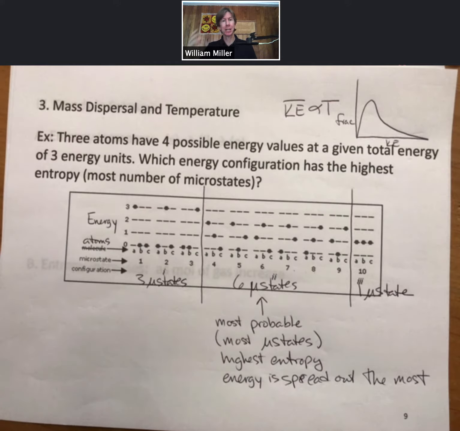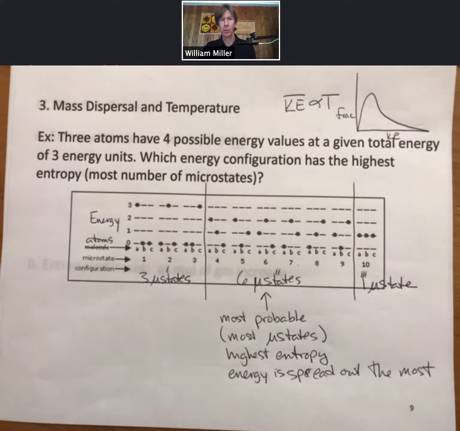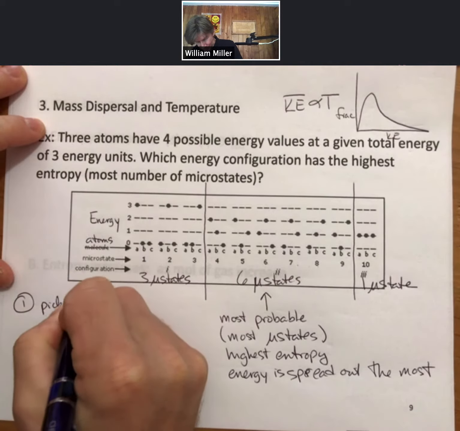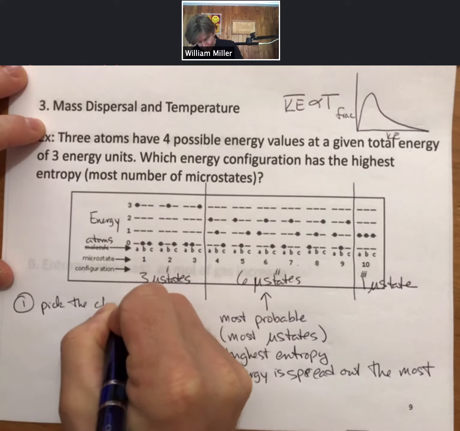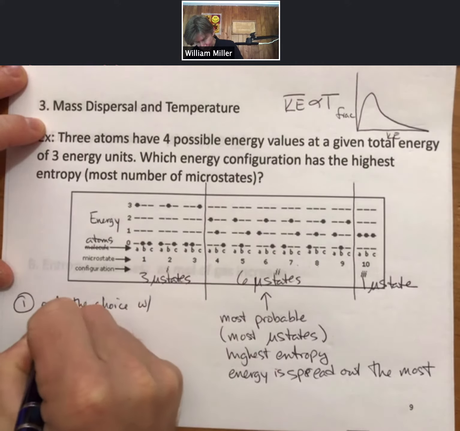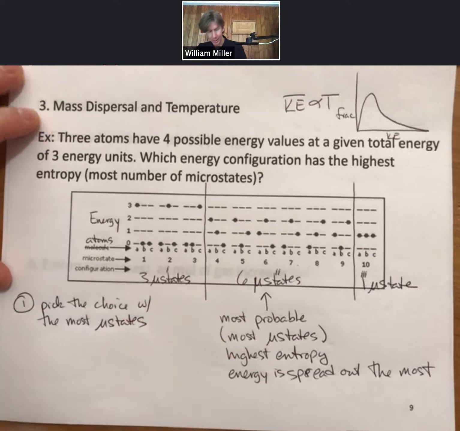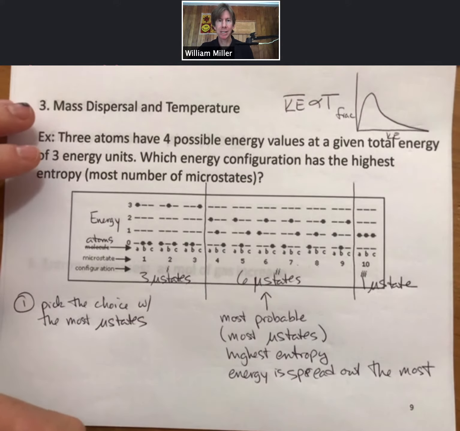Now, we're at the end of our examples for this, and what do you have to know for the exam? Two things. One is, if you see a question like this on an exam, pick the choice with the most microstates as having the highest entropy.